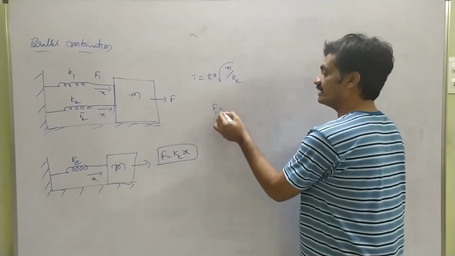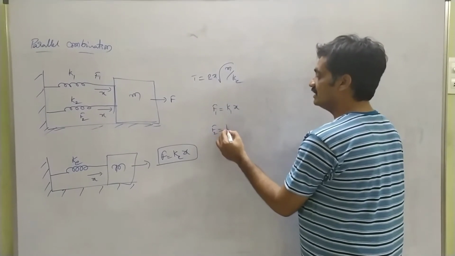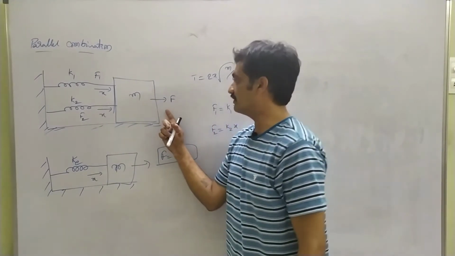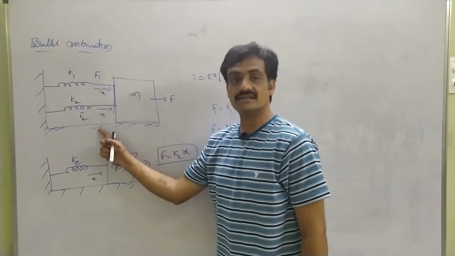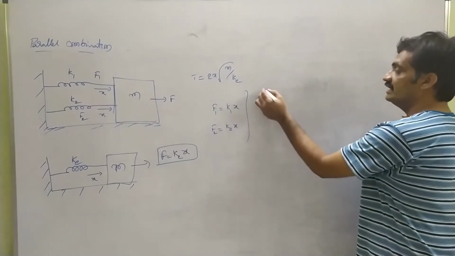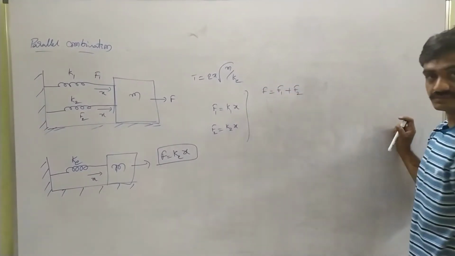Then we have F1 equals K1 into x and F2 equals K2 into x. Observe that we are applying a force of F and there are two forces acting on the springs, F1 and F2. Based on that, we can represent F equals F1 plus F2.